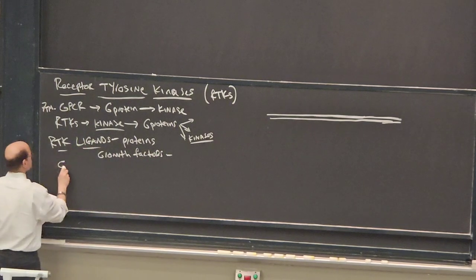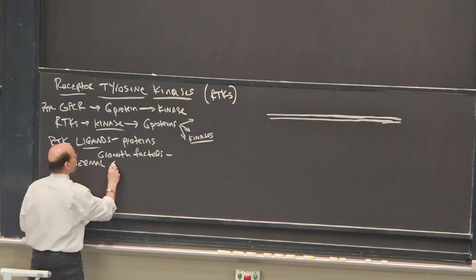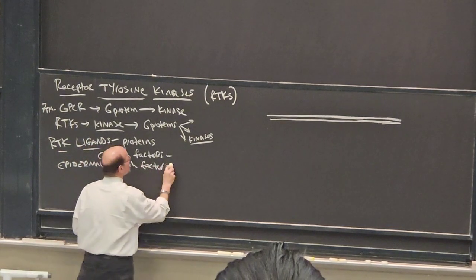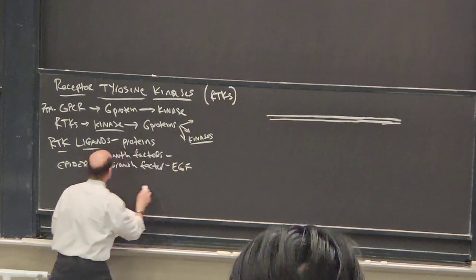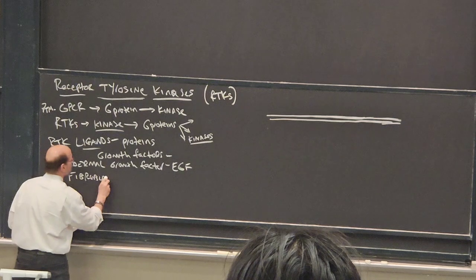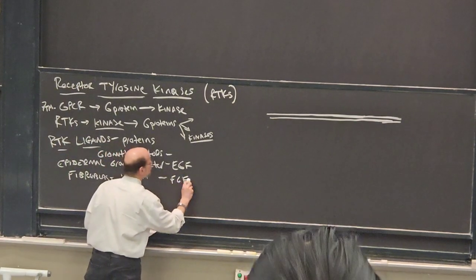These include things like epidermal growth factor, which I will abbreviate as EGF, and fibroblast growth factor, which I will abbreviate as FGF.